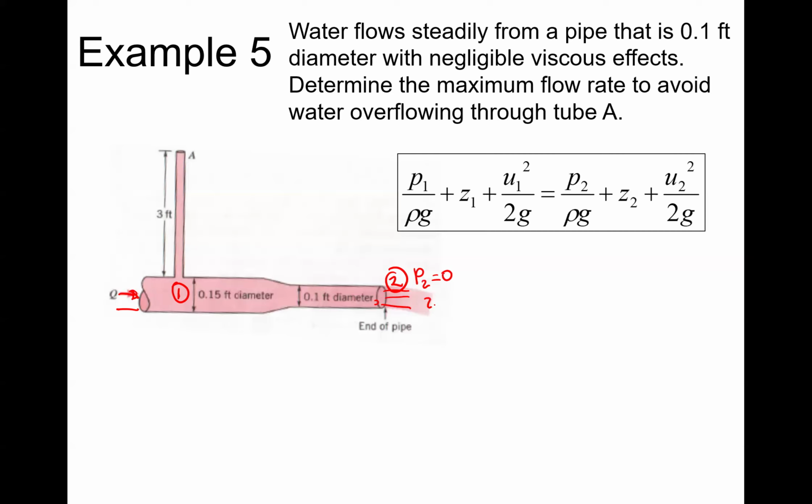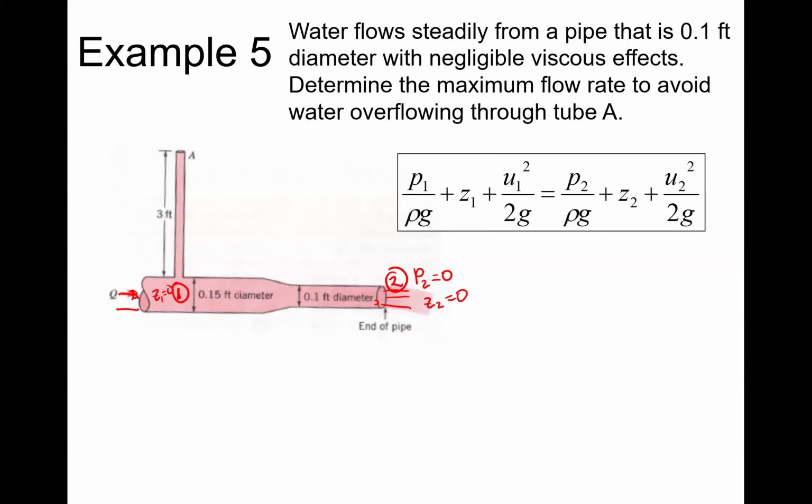I can also select the height to be 0, right? If I select the height at point 2 to be 0, then the height at point 1 is also 0. So now I have no height differential between these two.